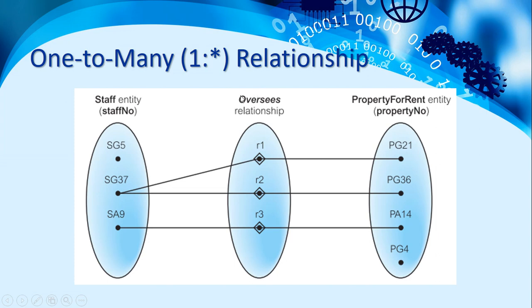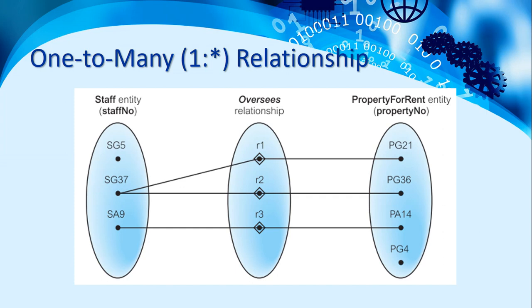So that's what overseas is. So consider the relationship overseas which relates the staff and property for rent entity types. So this figure displays 3 occurrences, example lang, of the staff overseas property for rent relationship type.